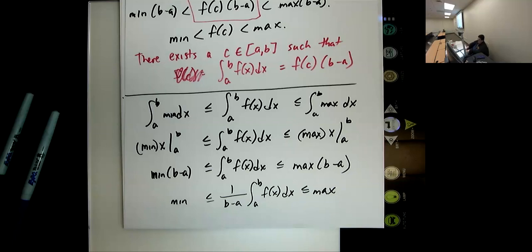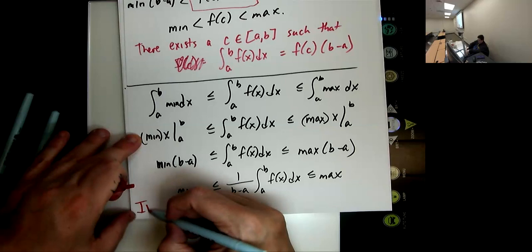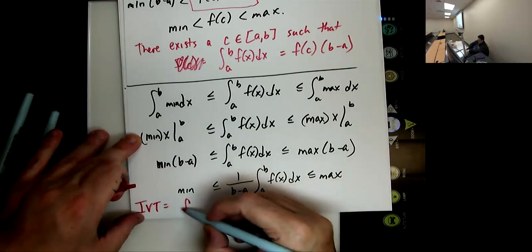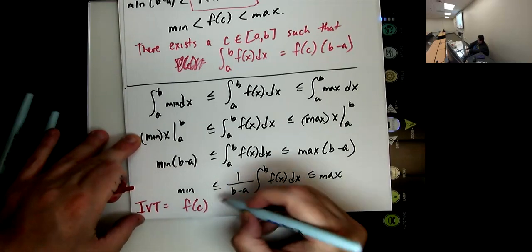And then they apply the intermediate value theorem. The IVT says there's a C in the middle.